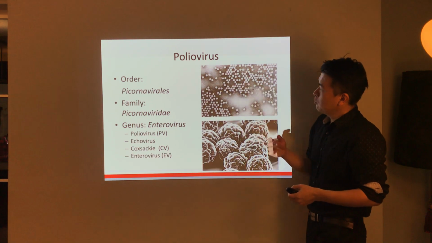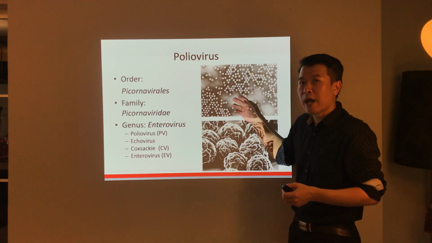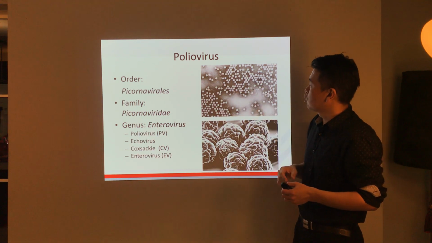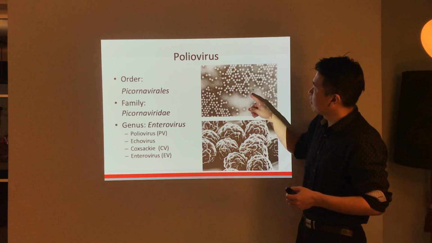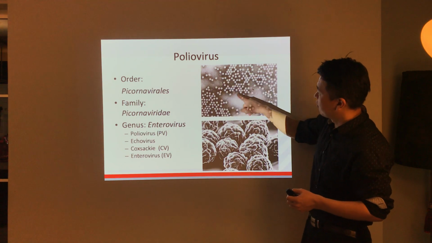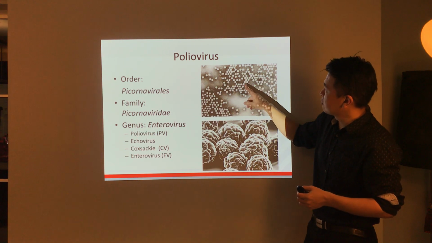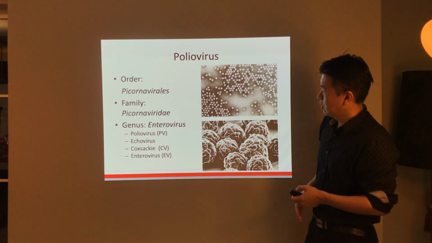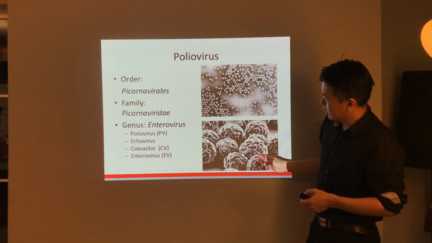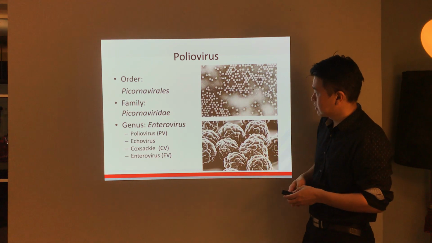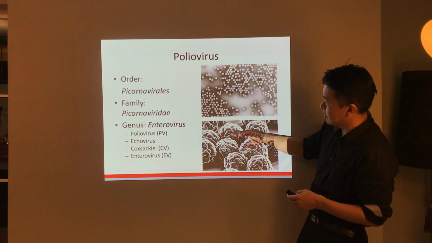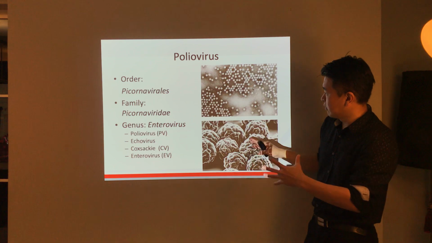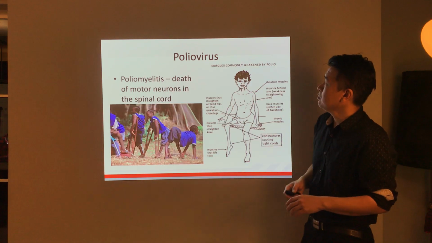So over here, what you see is a TEM, transmission electron microscope photograph of the poliovirus, and what we can see here is all these viruses have icosahedral structures. All right, and this is a more detailed SEM, scanning electron microscope, image, so you can see more detail of the surface of the virus.